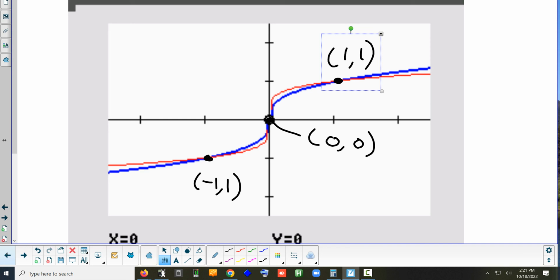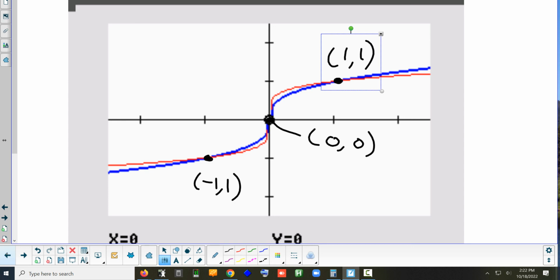Now, how about left and right? How far left and right do these graphs go? Infinity. Yep, and how about up and down? Infinity. As the high, what's the low? Negative infinity. Yep, they're all going to go from negative infinity to infinity.